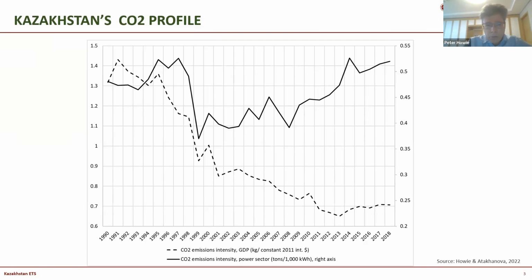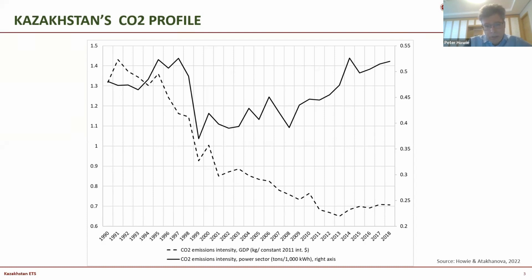So that's one component we have to consider. The second component is the CO2 emissions intensity in Kazakhstan's power sector. This shows that since 1999, the carbon intensity of the power sector has actually been growing. More or less, Kazakhstan's economy took off starting in 2000, after the Russian crisis in 1997 and 98 and the very low oil prices in 1999, and then oil prices started to increase in 2000.